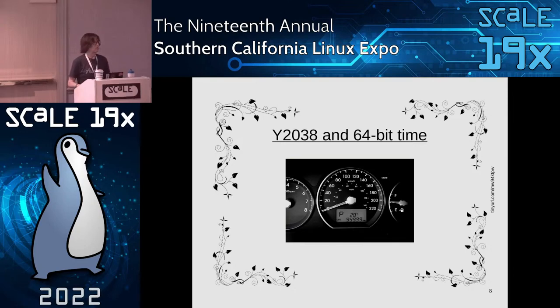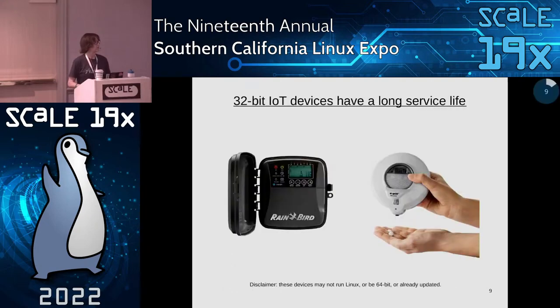And so everyone agrees that an ABI break is needed. 2038 is a long time from now, so why do we care? And the answer is IoT. You can easily see, if you think of these kinds of devices, many of which are now running Linux, many of which may have 32-bit processors, that they may well be installed in 2022 and not be replaced.